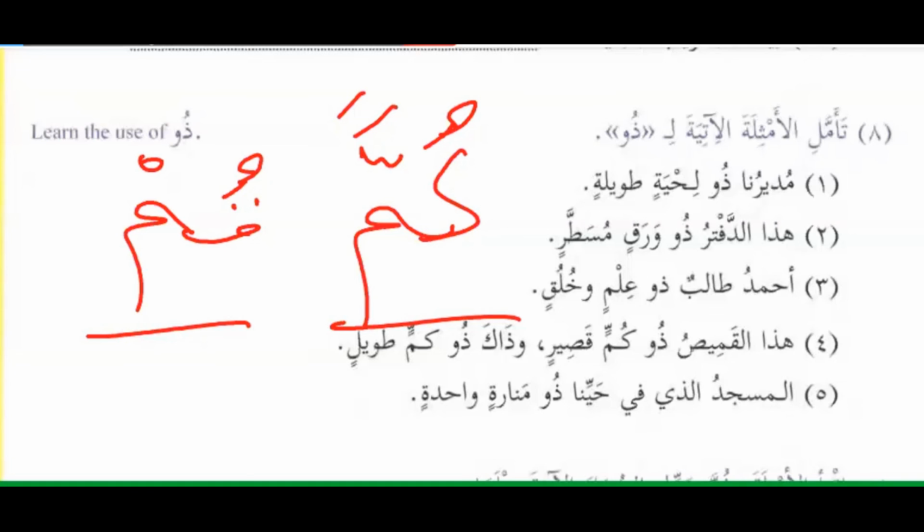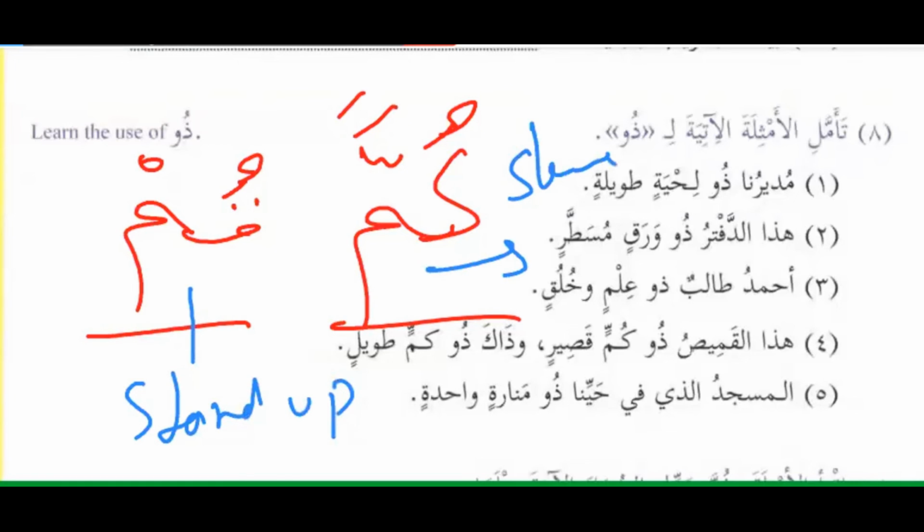Kum is sleeves and Qum is a command. Amar. It means stand up. And this is the sleeve of a shirt. So, Ya ayyuhal mudassir. Kum fa'anzir.